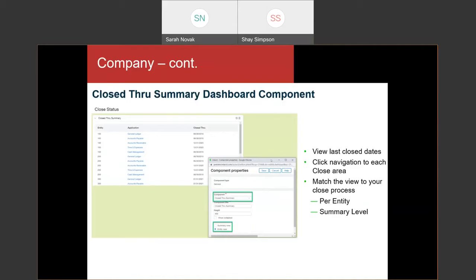We do have a question already, Shay, if you don't mind. Where do you see the checklist option on the company menu? Or if we want to wait and address that later, we can. No, absolutely. I can go ahead and address that. So more than likely, you probably don't have permissions to the checklist.